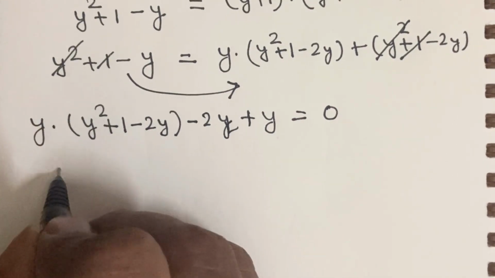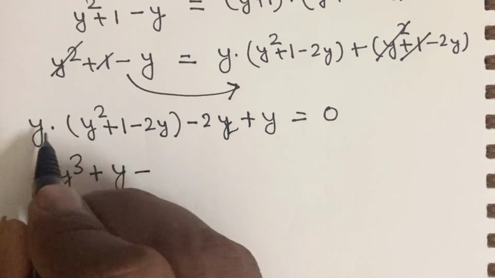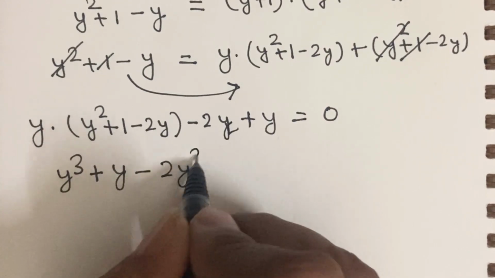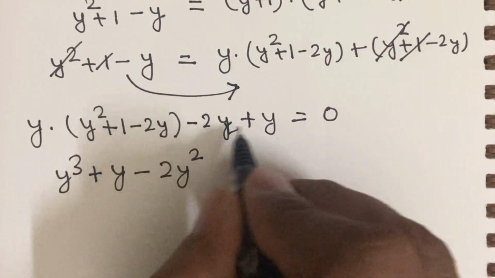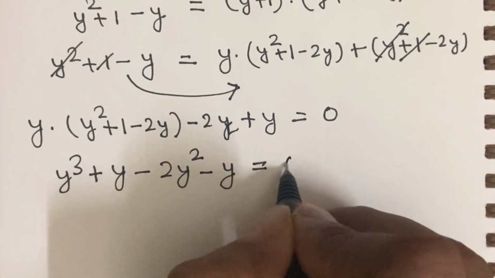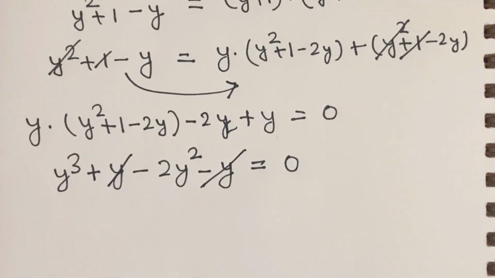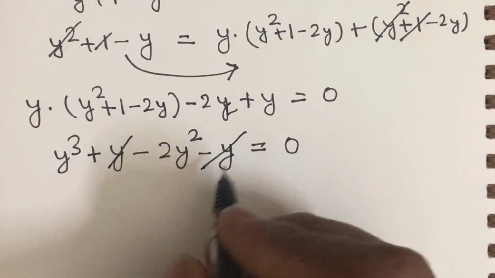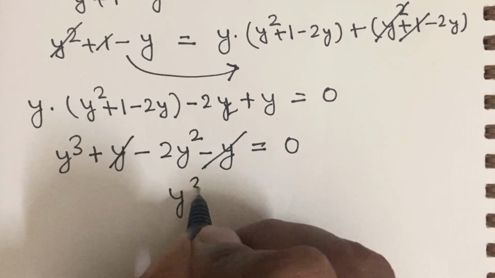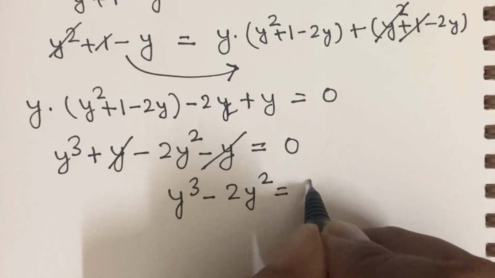Or this is y cube plus y minus 2y square minus 2y plus y is minus y equals 0. This y and minus y cancel out. So our equation has been simplified to y cube minus 2y square equals 0.